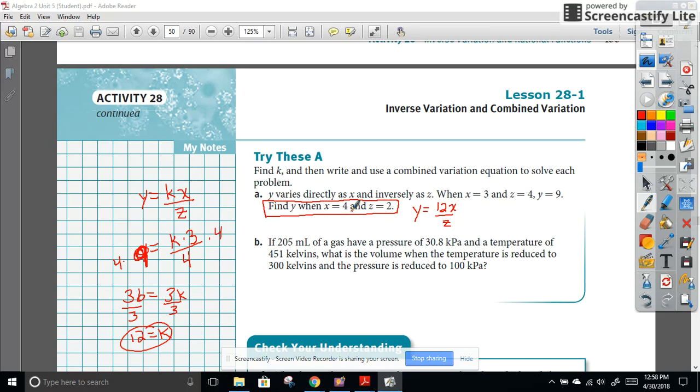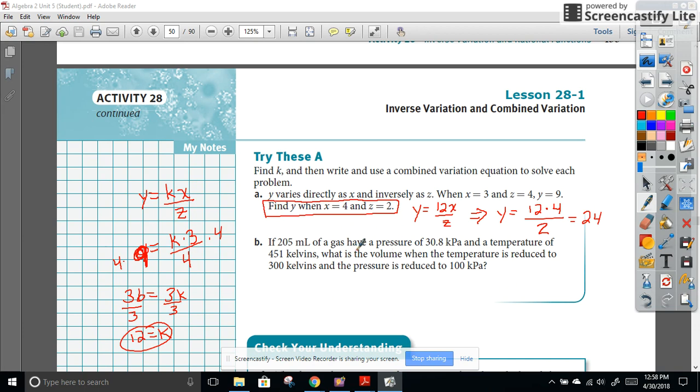Now they give me X and Z and want me to calculate Y. So Y is equal to 12 times X divided by Z, which is 2. 12 times 4 is 48. 48 divided by 2 is 24.